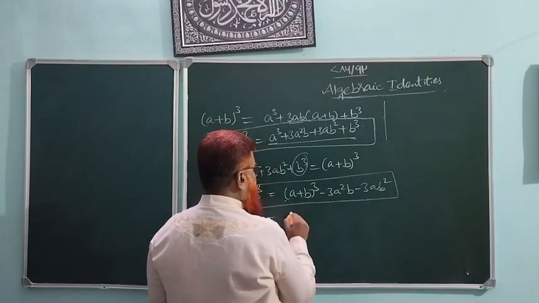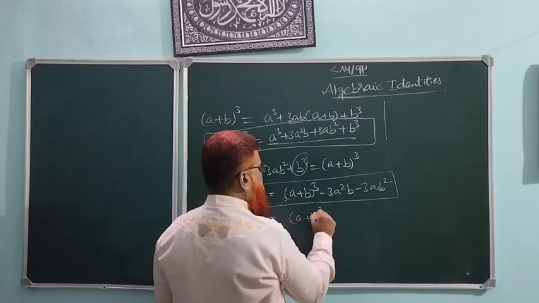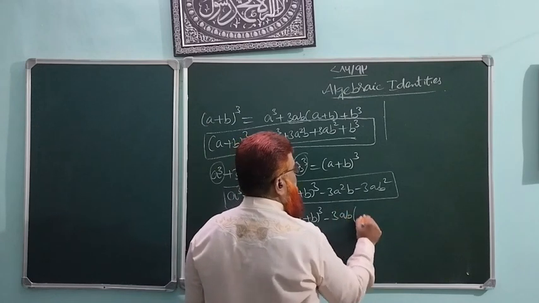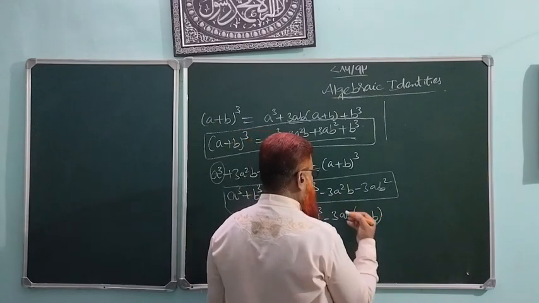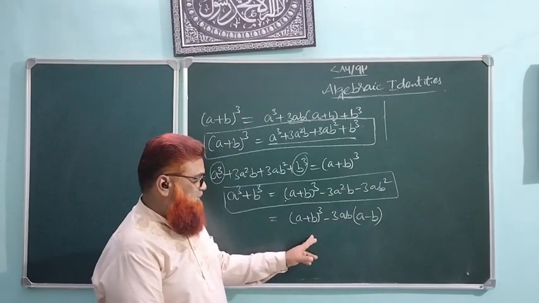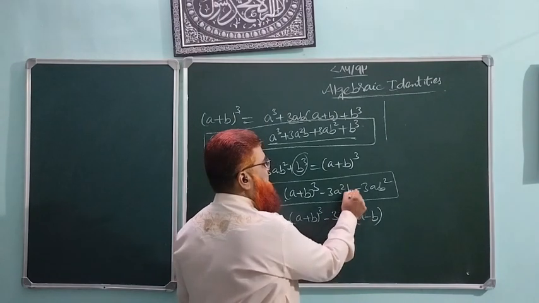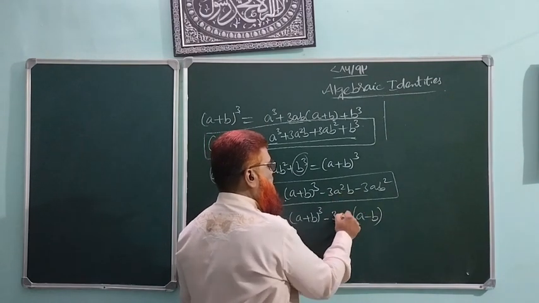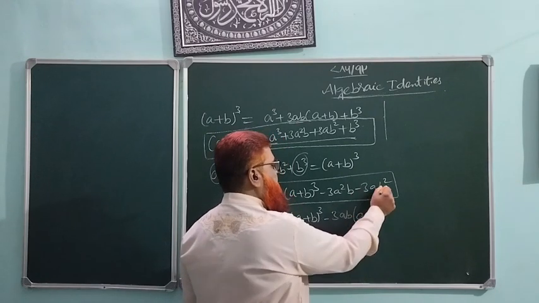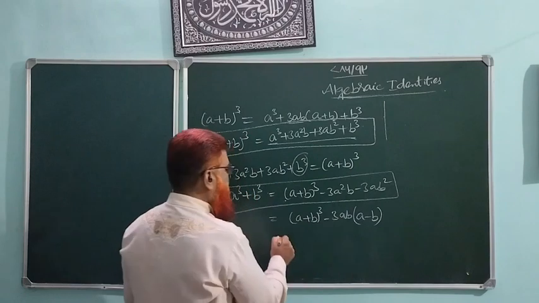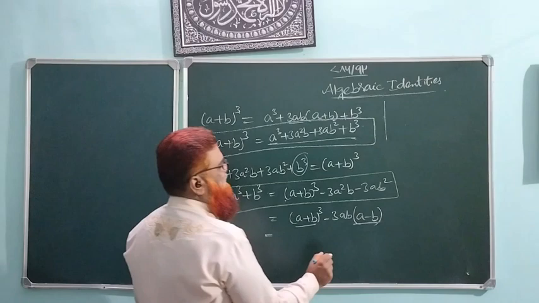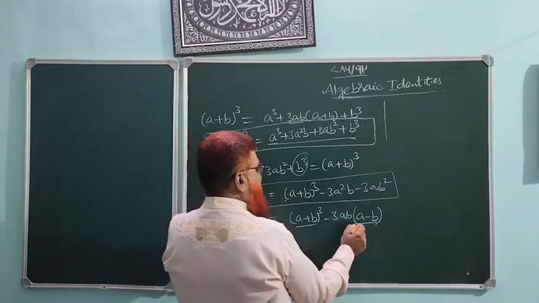Now you see, (a + b) whole cube minus, what is common? 3ab is common to this one, and you get (a + b). From 3a²b and 3ab², take 3 out, a out, b out: from a² remains a, and from b² remains b, so you get a + b.